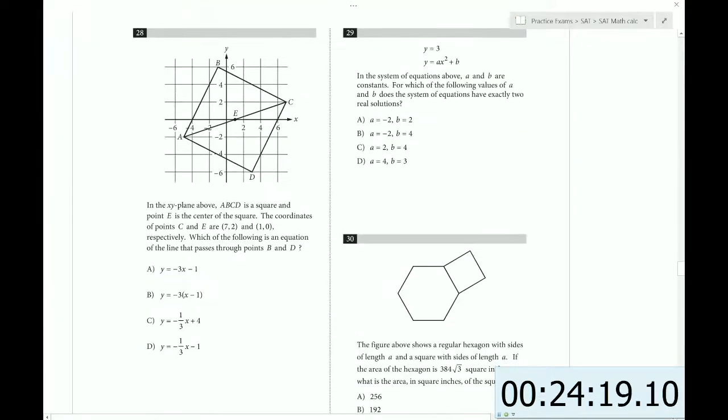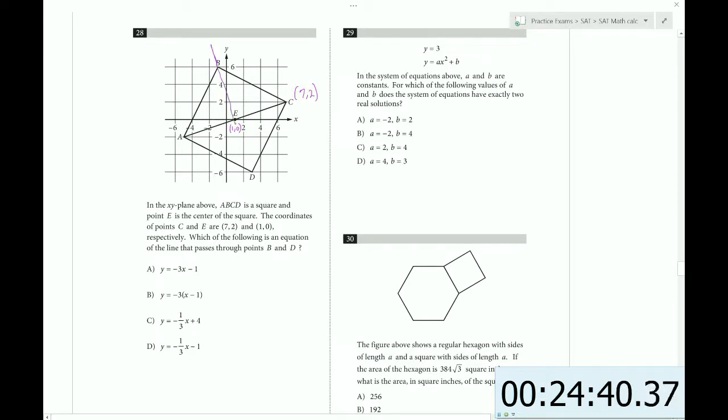In the xy plane above, ABCD is a square and point E is the center of the square. The coordinates of C and E are these. So C is 7, 2 and E is 1, 0. Which of the following is an equation of the line that passes through the points B and D? So BD would be going this way.